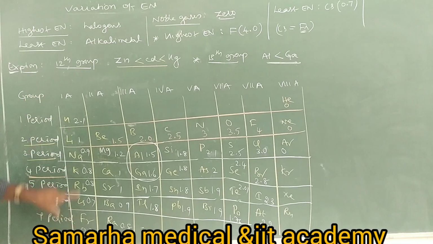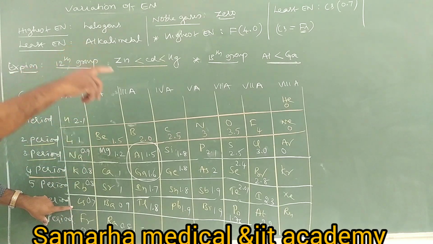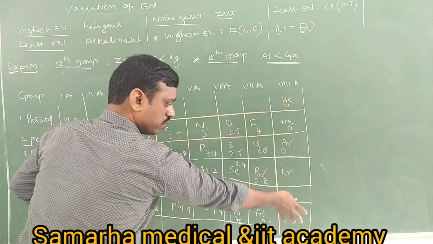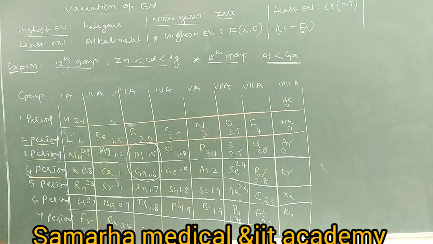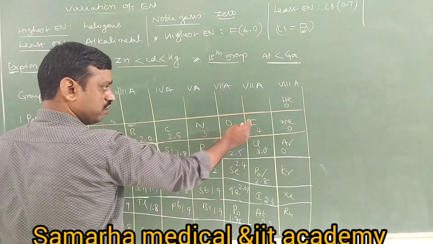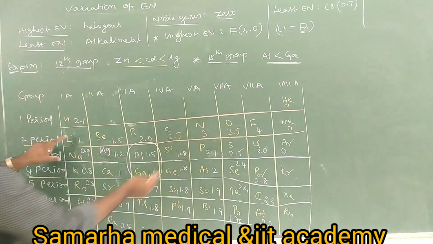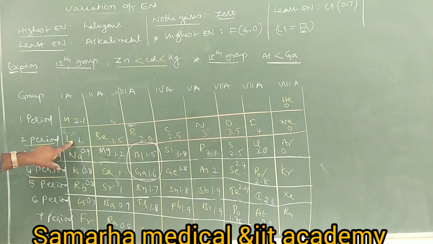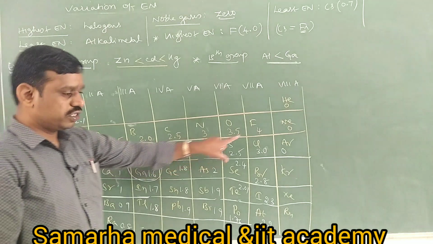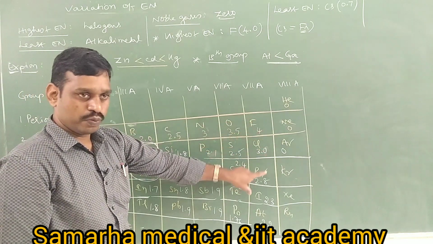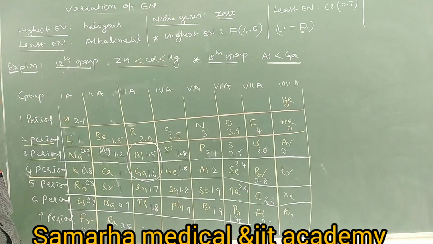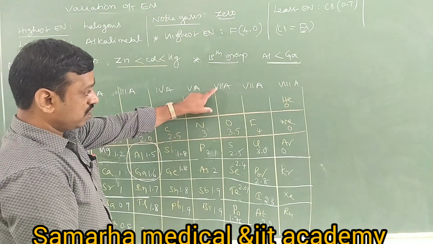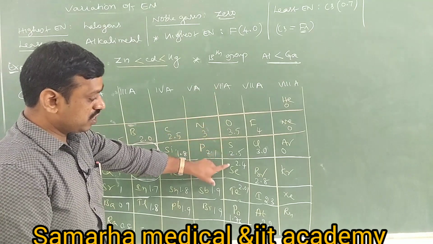Better you try to remember like this: the first group elements, and the last, that is 17th, and of course the 0 group. Majority of questions are based on these: 17th, 16th, 15th, and 1st. For the 17th, you can remember 4, 3, 2.8, 2.3, 2.2. The 16th group: oxygen, sulfur, selenium, tellurium, polonium.